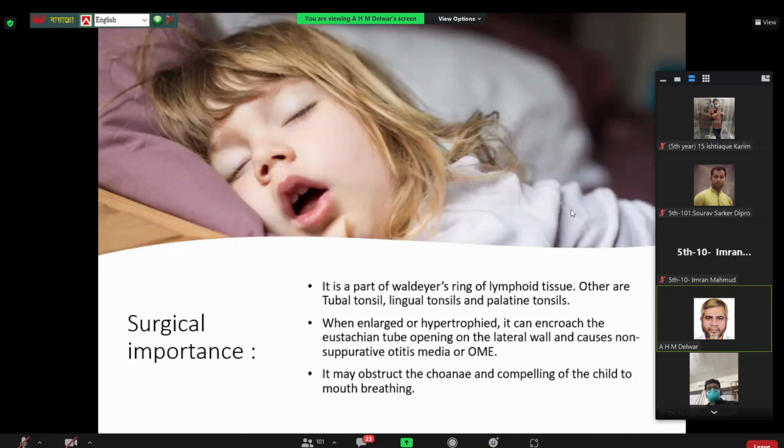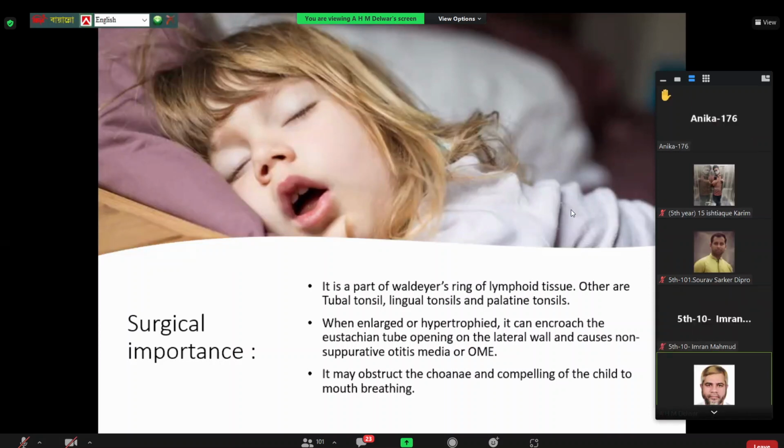Another thing is the parents told us that when we call him or her from behind, he or she cannot respond.